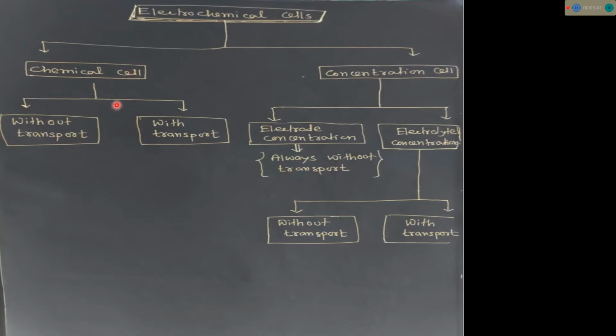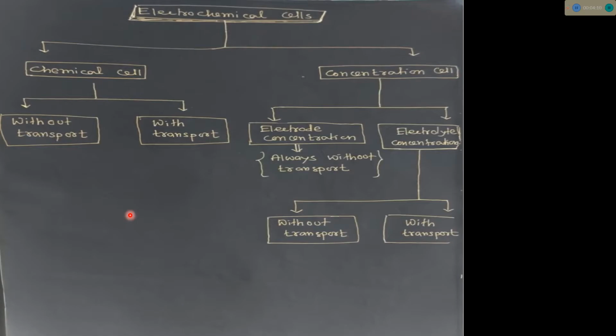This slide is just for general information that electrochemical cells are of two types, chemical cell and concentration cell. Chemical cell is again of two types, without transport and with transport. And concentration cell is of two kinds, electrode concentration and electrolyte concentration. Electrode concentration cell is always without transport, and electrolyte concentration cell is of two types, without transport and with transport. This is just for general information.